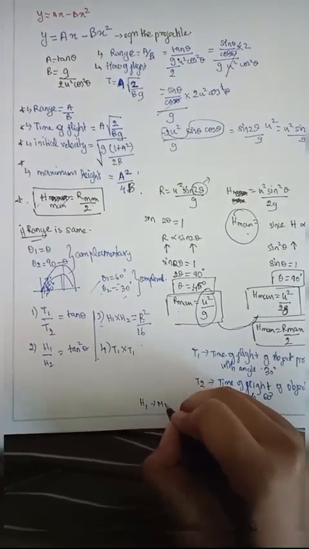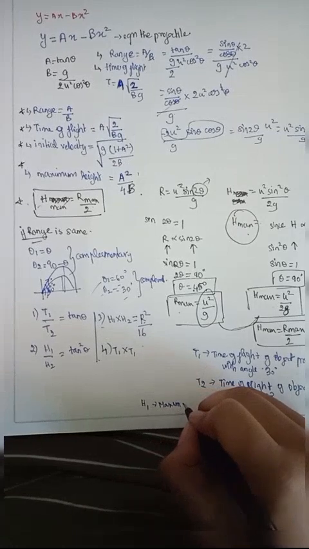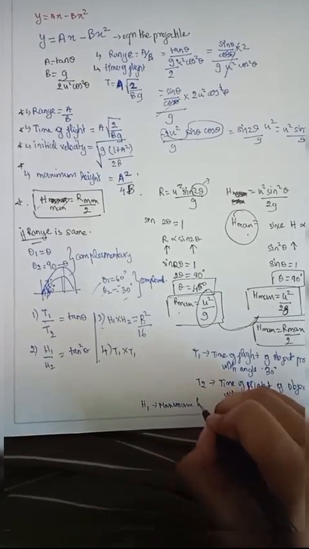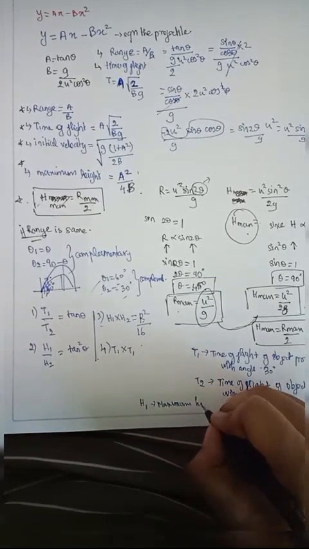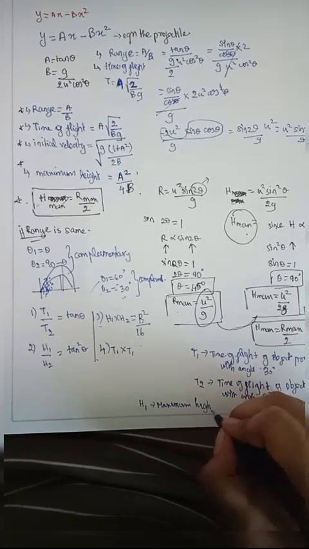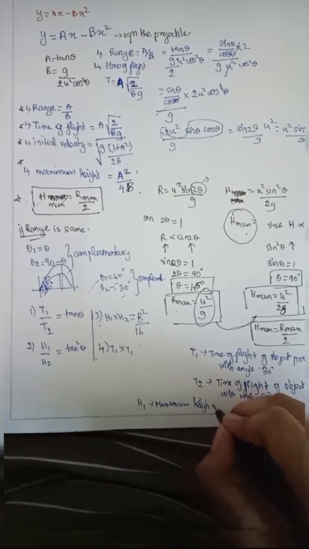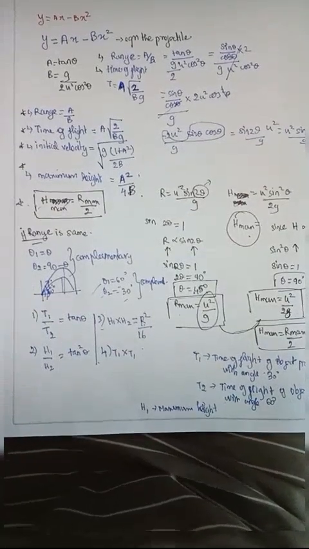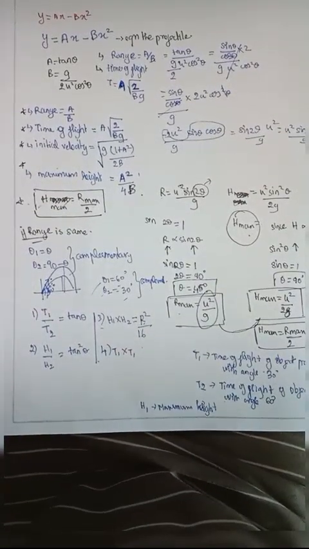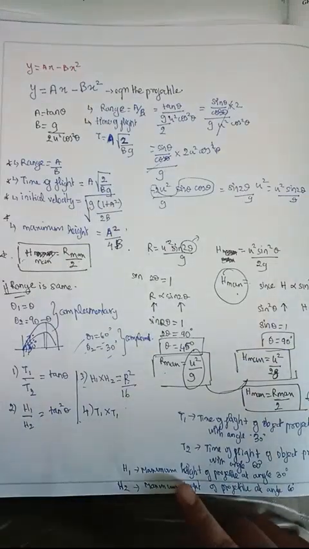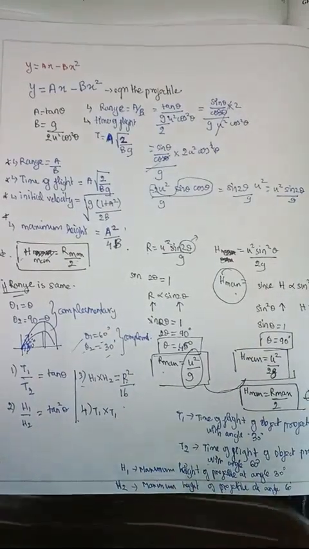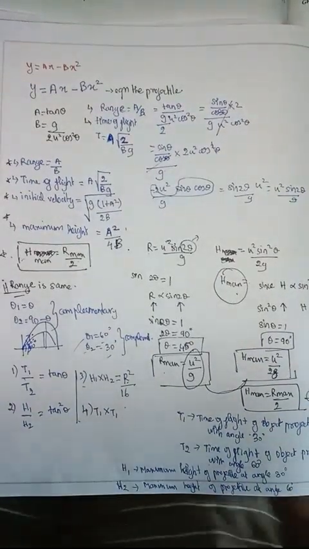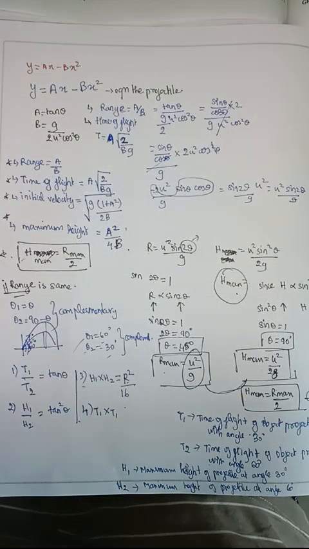H1 is the maximum height reached by the projectile at an angle 30 degree, and H2 is the maximum height of the projectile at an angle 60 degree.